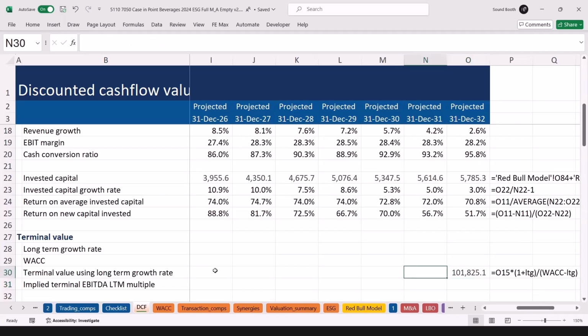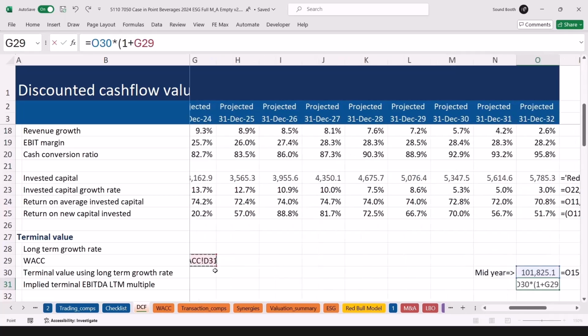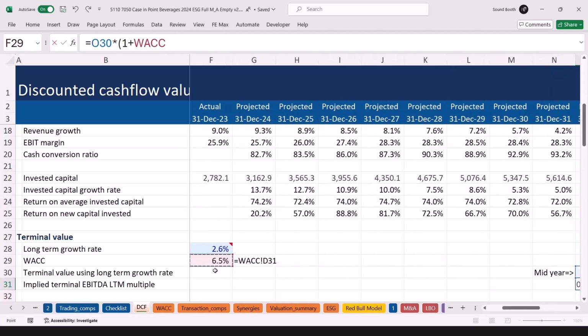And the problem we have is that the value number we have calculated of 101, that is a mid-year value number. So what we have to do first is move that to the end of 2032. And when we're moving value numbers, we use the WACC calculation. So I'll take that number times 1 plus the WACC, and I'm going to take it to the power of 0.5.